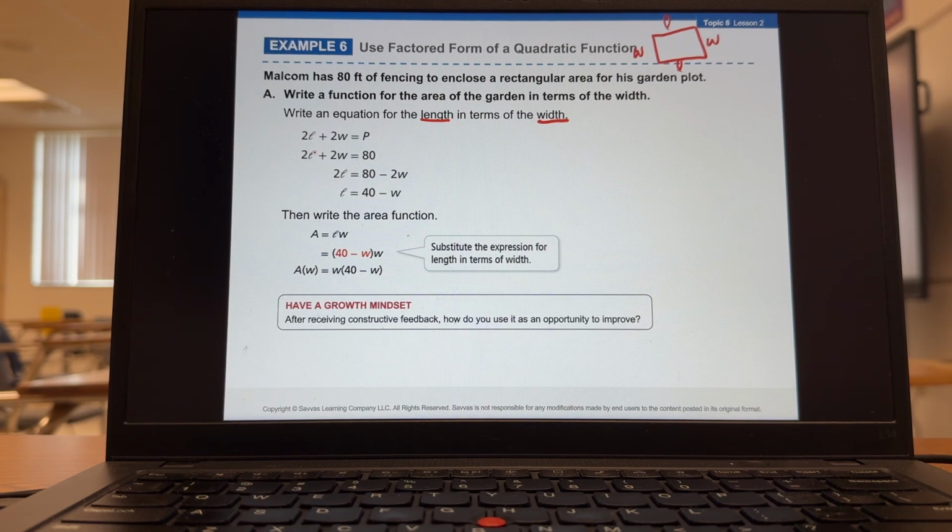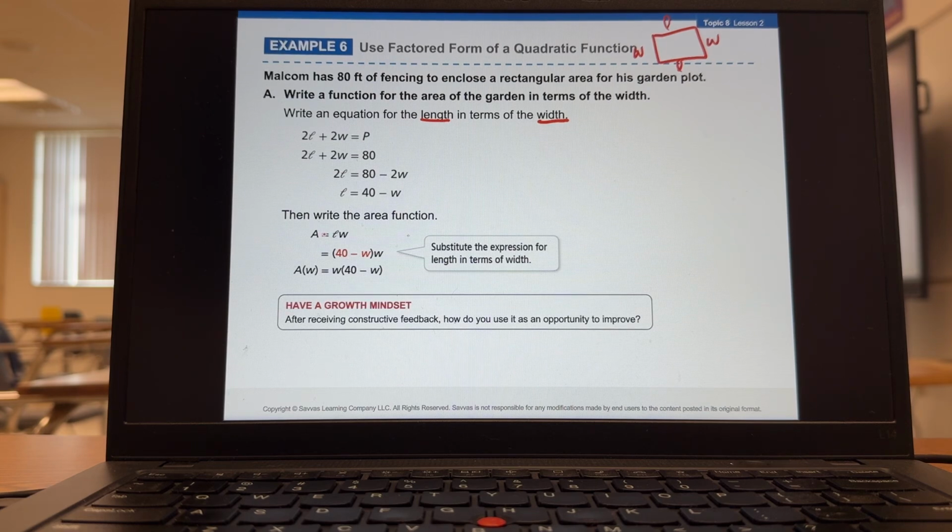Getting L by itself, we put 80 for the perimeter, a total of 80 feet of fencing. So subtract 2W to the other side. These are not alike, we cannot subtract them together. Divide everything by 2. 80 divided by 2 is 40. 2W divided by 2 is just W.